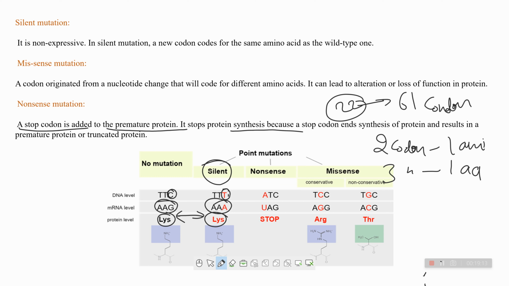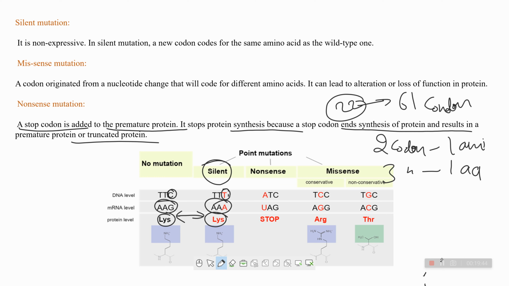It stops protein synthesis, because a stop codon ends synthesis of the protein and results in a premature or truncated protein. When a stop codon is added, there is premature formation of the protein. So that type of mutation is known as nonsense mutation.